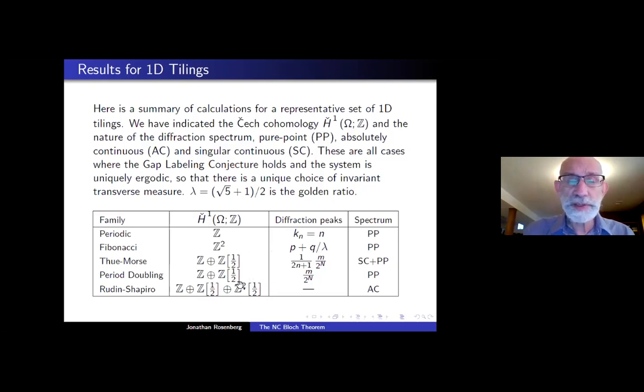But then these other cases are more complicated. And this is sort of what the diffraction peaks look like. So you would see this if you took an X-ray diffraction picture. In this case, there are no peaks because you have a continuous spectrum. And this lambda over here that showed up in the Fibonacci example is the golden ratio.